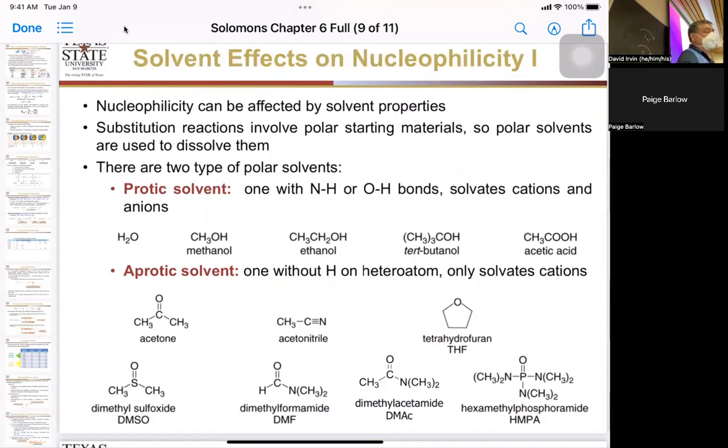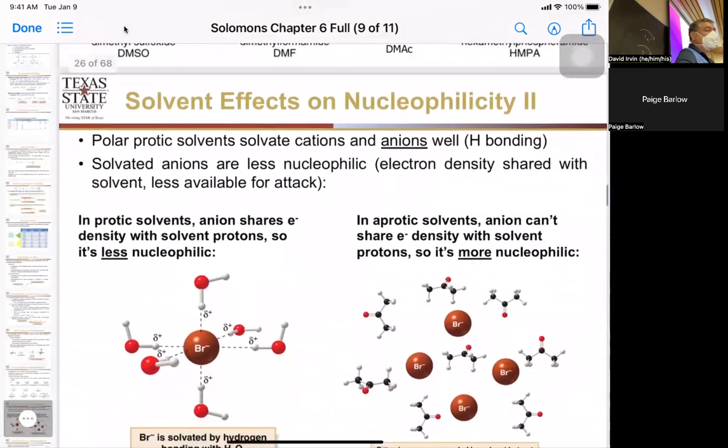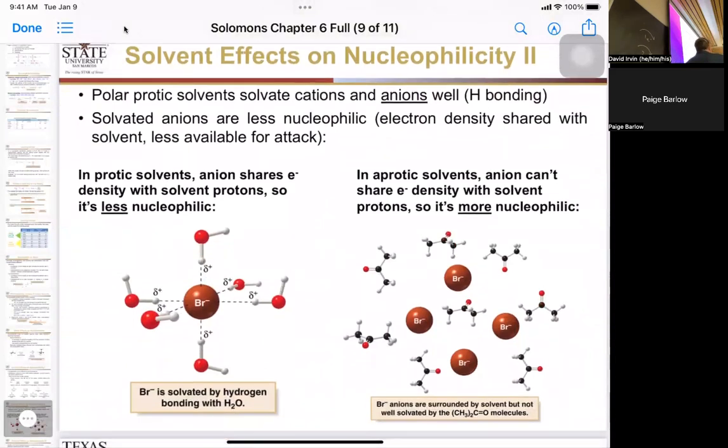Okay, so why is that important? Well, because protic solvents can solvate both anions and cations. In the case of the hydrogen side of water or a protic solvent, that hydrogen can stabilize a negative charge by putting a whole bunch of them around it, creating a solvent cage.